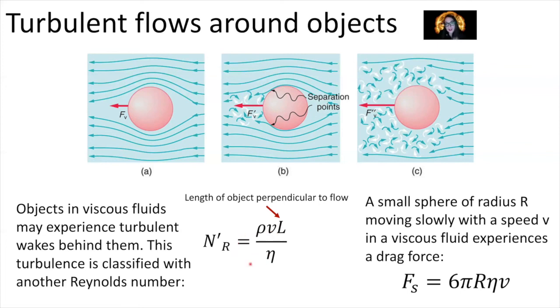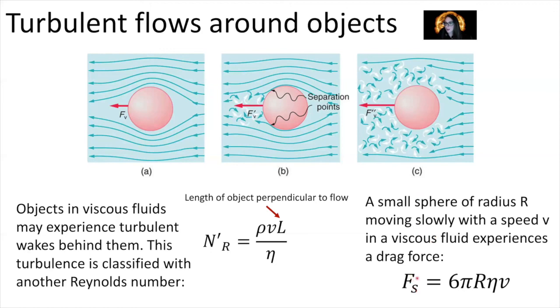So this Reynolds number is different than the Reynolds number we saw for fluid moving through a pipe. And you can have something that is equivalent to a drag force, except for moving through a viscous fluid. So this sphere, as it's moving through the fluid, is going to experience essentially a fluid drag force.